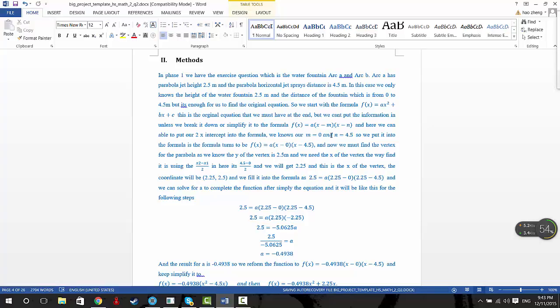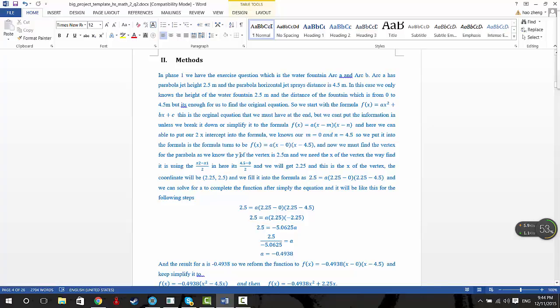It's like what you call common sense. So we put this information into the formula that we just have. So it will be a(x minus 0)(x minus 4.5). And now we must find the vertex of the parabola.